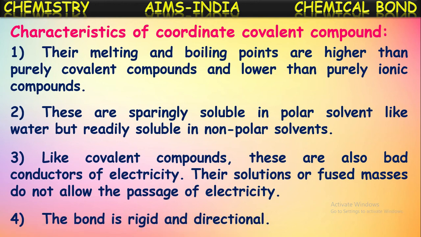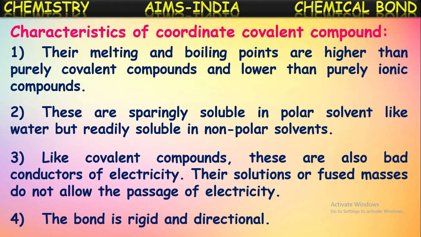And the bond is rigid and directional. So just like the covalent bond, coordinate covalent bond is also directional because it is localized between two atoms. Hence, it is said to be a directional bond. Covalent bond and coordinate covalent bond both are directional.